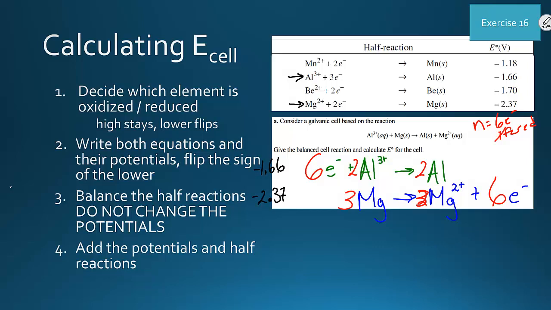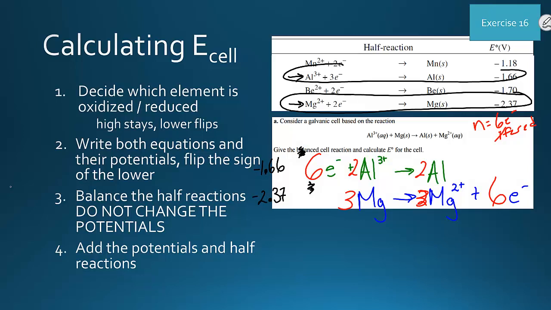Cell potential is independent of stoichiometric coefficients, meaning even though we doubled this reaction and tripled the bottom one, that does not change the cell potential. What does change the cell potential is the fact that magnesium is less likely to be reduced than aluminum. So we are going to flip the sign, because here magnesium is being oxidized.